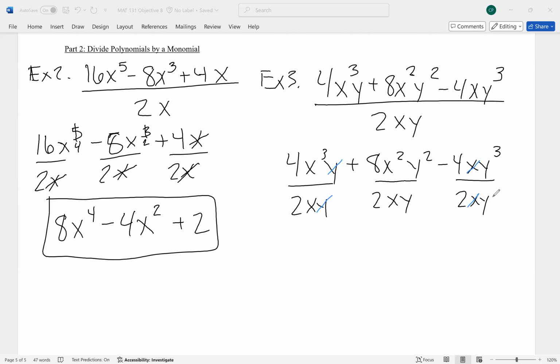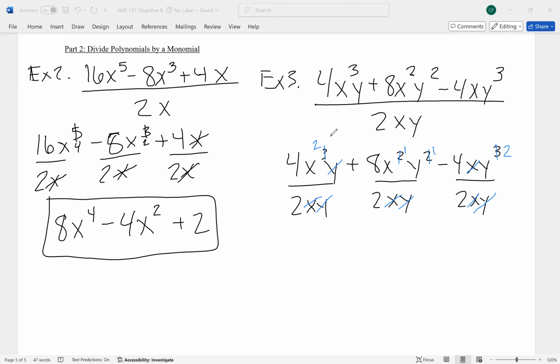Here we got a y. If we get rid of a y on the top and bottom, that's going to become a 2. The same for this middle term. If we get rid of an x and a y from the top and the bottom, it's going to be just 1. And for this one, if we get rid of an x in the top and the bottom, it's going to be 2. So this is an easy way to think about this.